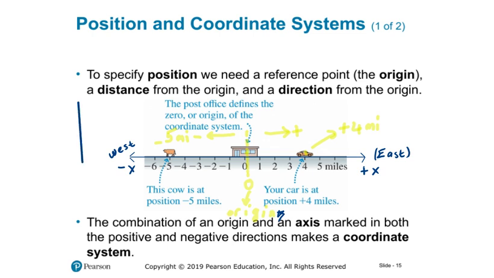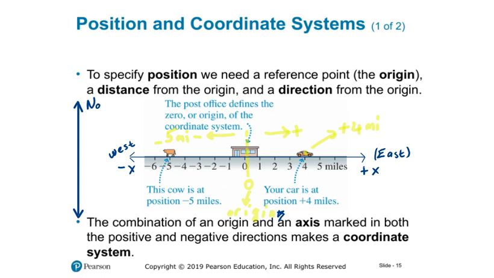We'll get to this soon. Not yet, but soon. The vertical position we can also define as plus and minus y. I don't want to put it on the picture because it's going to be too crowded then.